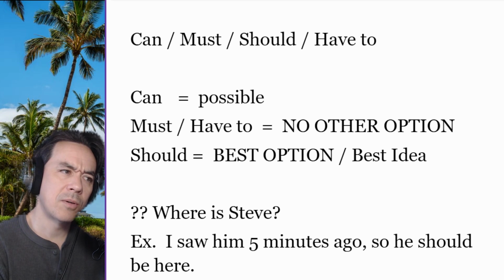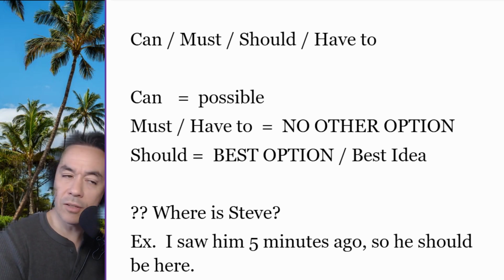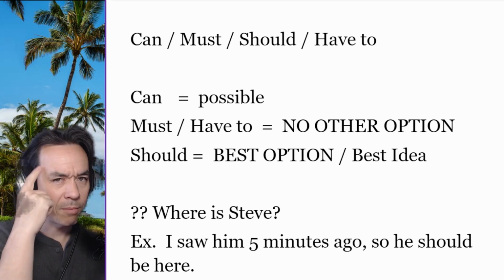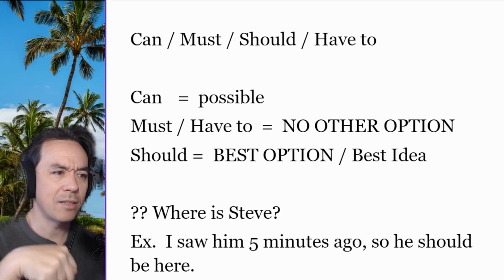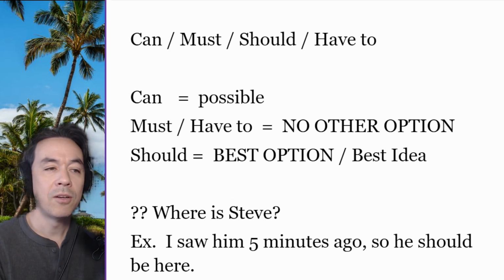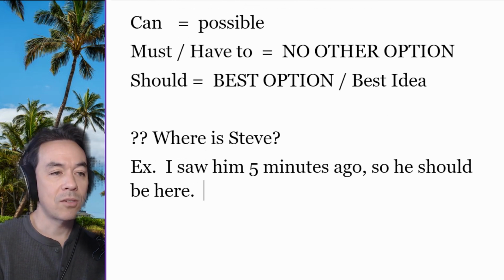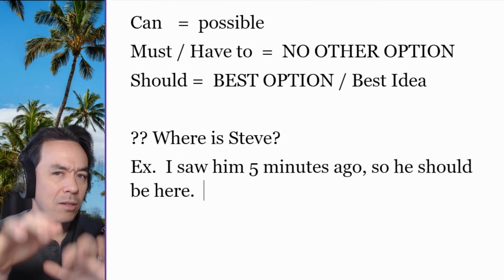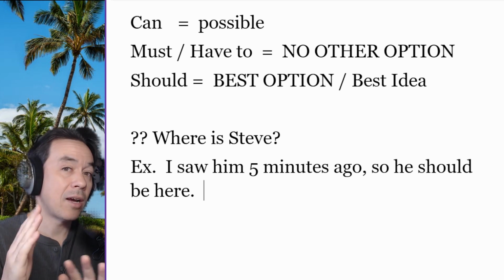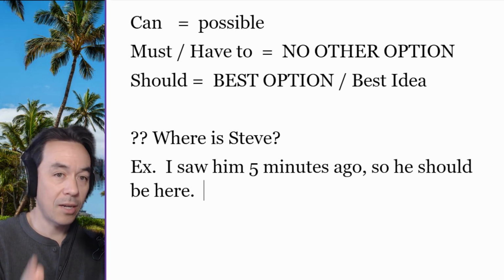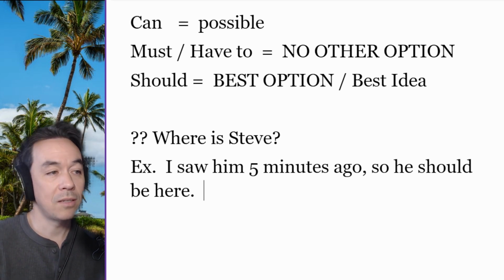I saw the person 5 minutes ago, he should be here. That means my best guess, my best idea is he's here. So it's not really recommending, it's not giving good advice. It's just the speaker saying, my best idea, he's here. I can't say 100% yes, but that's my best idea.